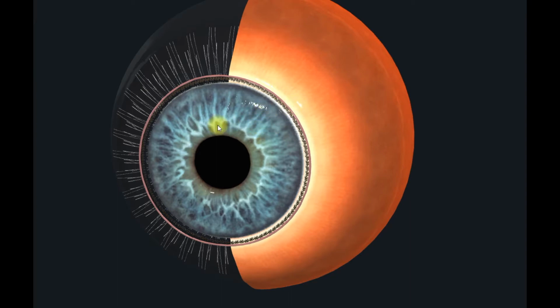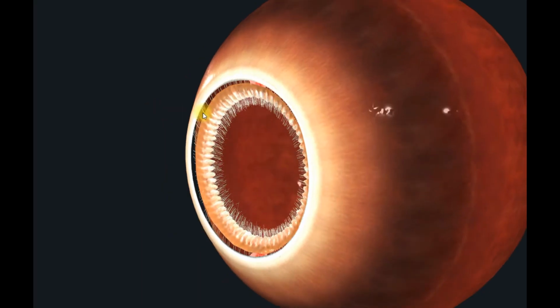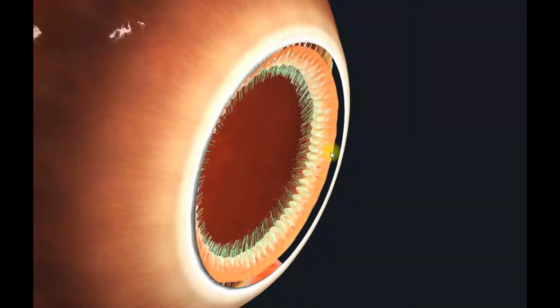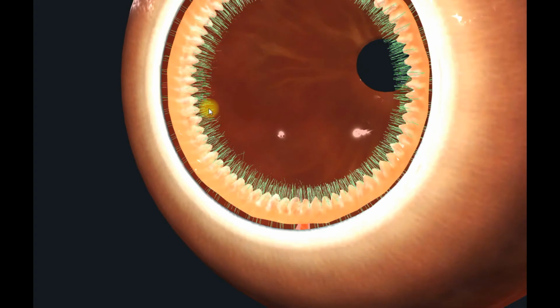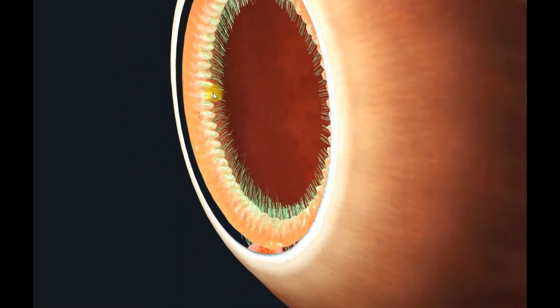Next one is the ciliary body. The ciliary body is the second part of the vascular tunic of the eye, anterior to the ora serrata, connected to the choroid with the iris.